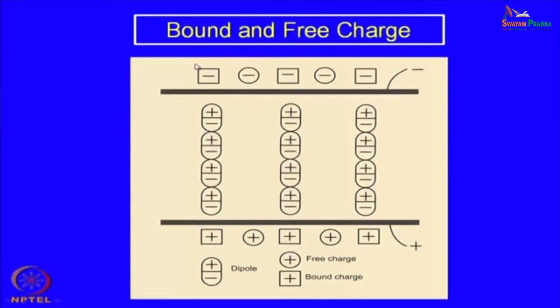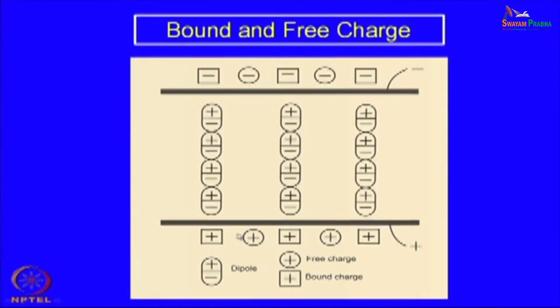Here, all are negative charges, of course, but one is enclosed in a square and another is circled. Here also all of them are positive charges because it is connected with the positive potential. So, you have two different kinds of charges, one enclosed by a square and one circled.